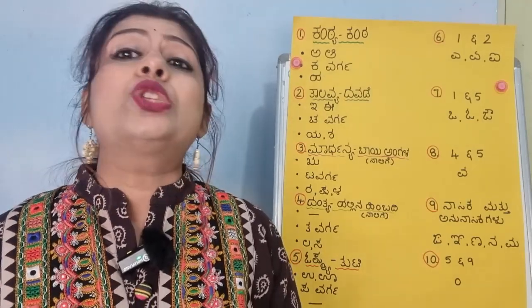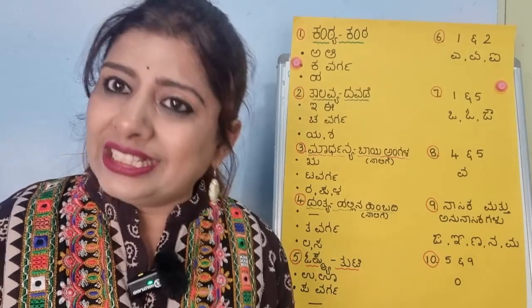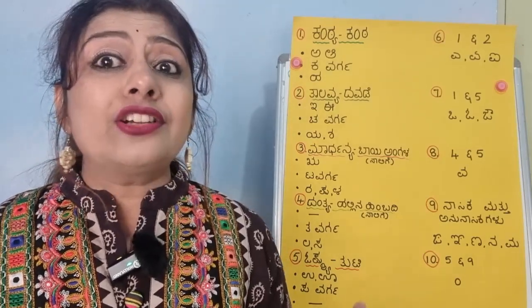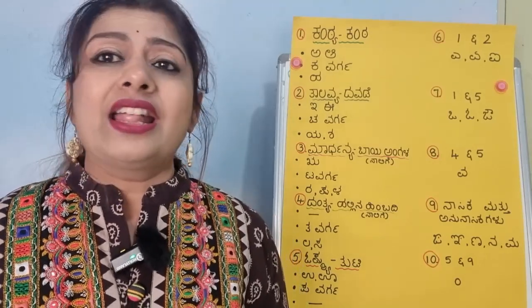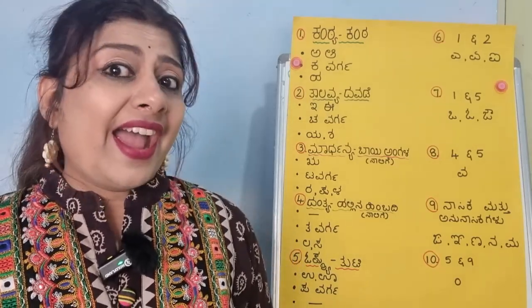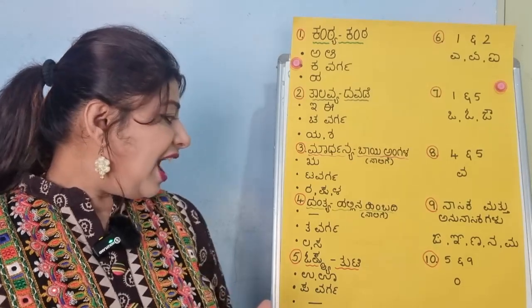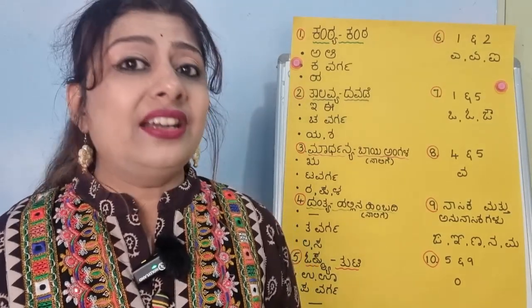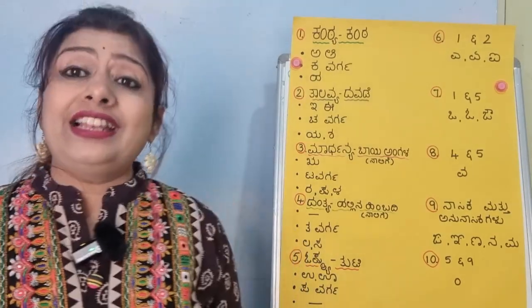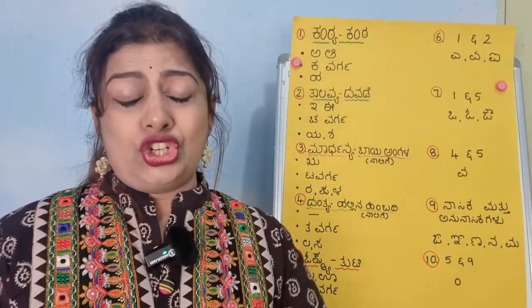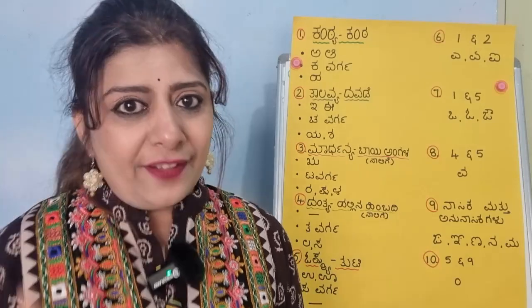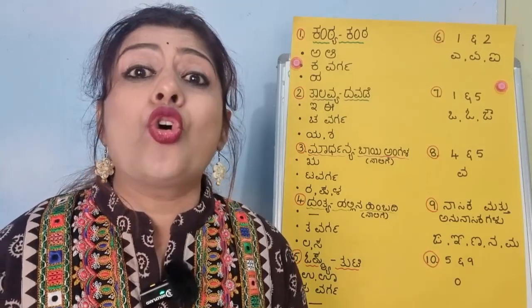We don't have any swara coming from Dantya, and all the letters of Ta-varga, that is Ta, Tha, Da, Dha, and the avargeeya vyanjanas are La and Sa. So these are the letters that come from the Dantya position.